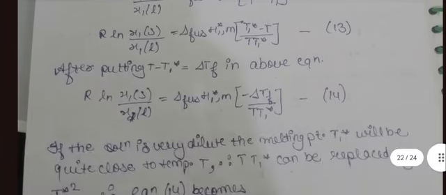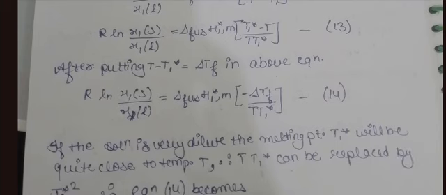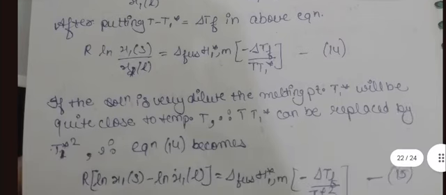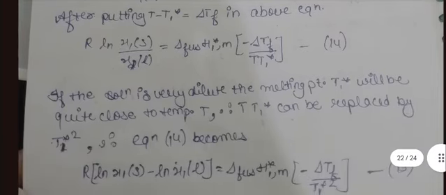After putting T minus T1* equal to ΔTF in the above equation, R ln (X1S by X1L) is equal to Δfus H1* m into minus ΔTF by T1*.